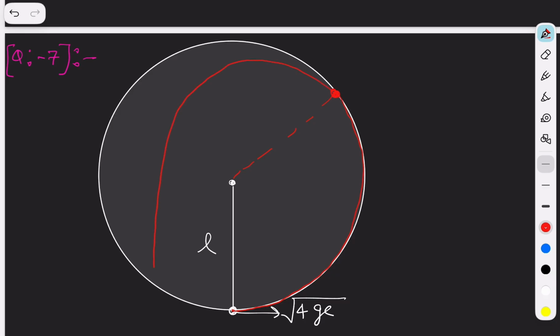So my question is, when will the string become tight again, meaning here t equals 0, and here t will not be equal to 0.